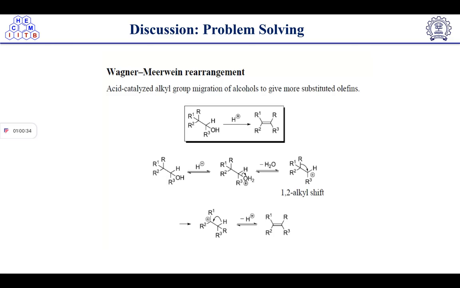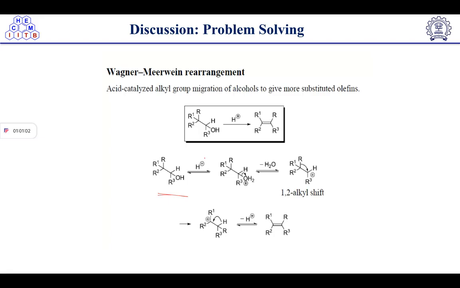We are covering rearrangement reactions here. This is the acid catalyzed rearrangement where the alkyl group migration is taking place.